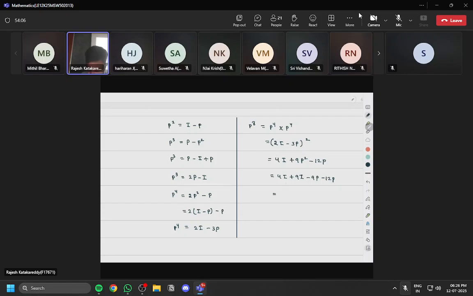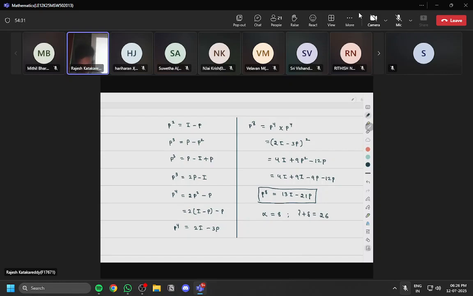So how much is this? 4 plus 9 is 13 into I minus 21 into P. This is P to the power 8. Any doubt in this? Now alpha must be equal to 8, right? So one more thing I can say, gamma plus delta is 26.